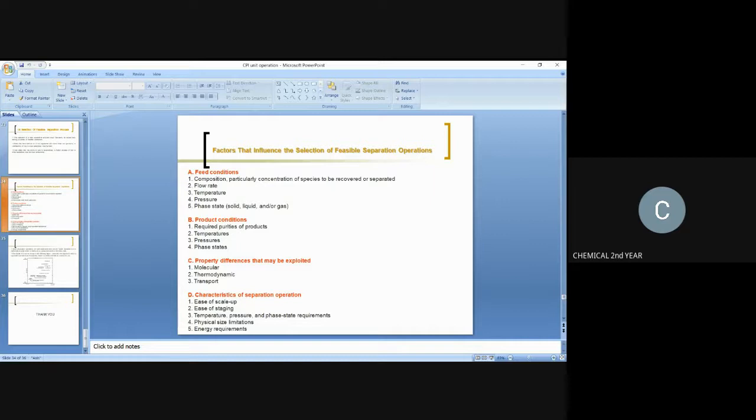Then property differences that may be exploited, molecular, thermodynamic and transport; characteristics of separation operation: ease of scale-up, ease of staging, temperature, pressure and phase state requirements, physical size limitations, and energy requirements.